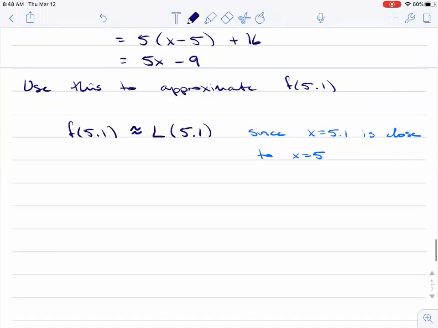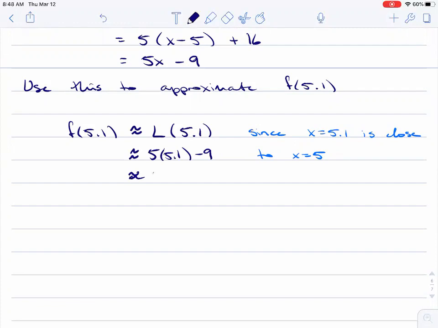So what we have is, well, that's going to be 5 times 5.1 minus 9. And again, like I said, our kind of brain math would probably be a lot better if we didn't have calculators. So 5 times 5.1 is no match. If you use your calculator, that's all right.